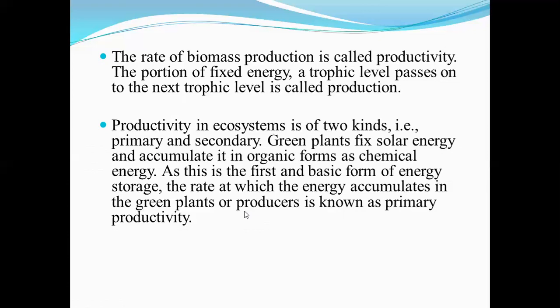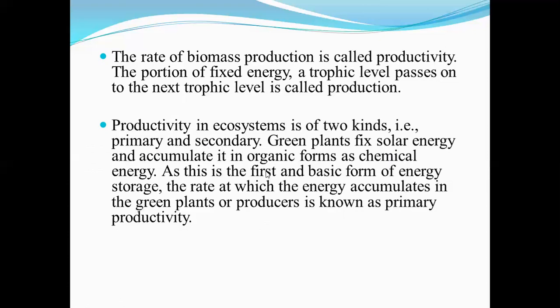The green plants, especially the forests, are the main sources of productivity in an ecosystem. This productivity is of two kinds: primary productivity and secondary productivity. Green plants fix solar energy and accumulate it in organic forms as chemical energy.